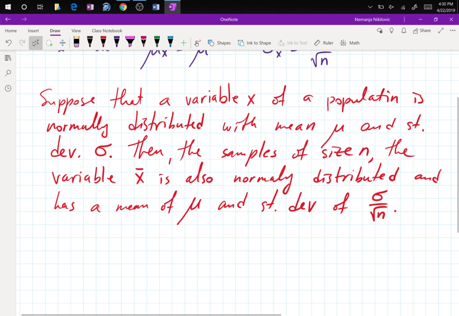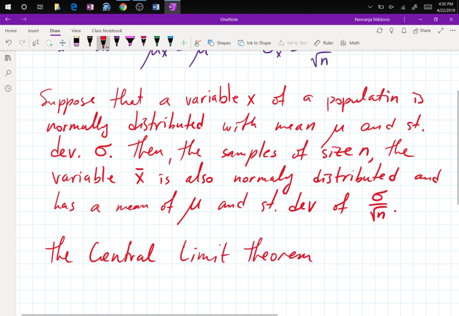So let's take a look at the central limit theorem, known as CLT.